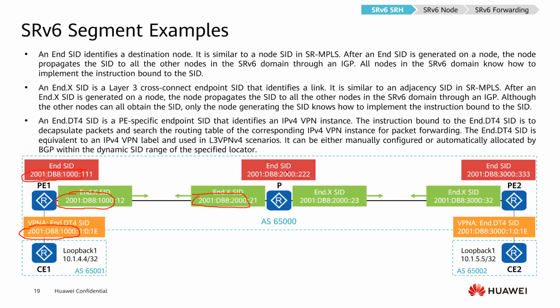You can see that each device shares the same locator but with different functions. Some numbers are used as End, some numbers are used as NX. For each device the locator is unique. It is different for each device.